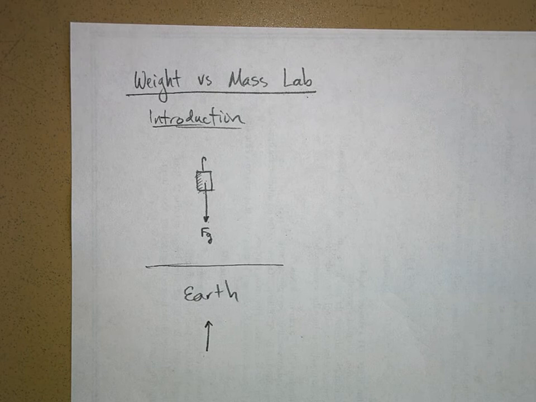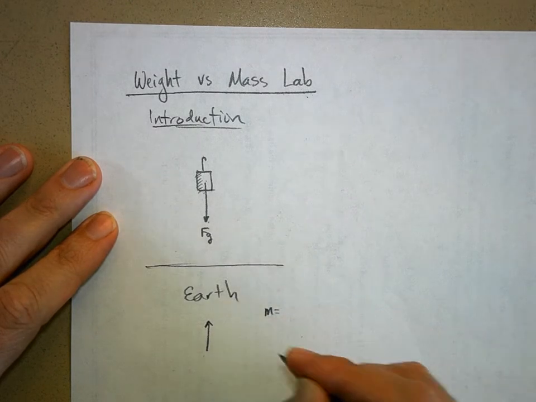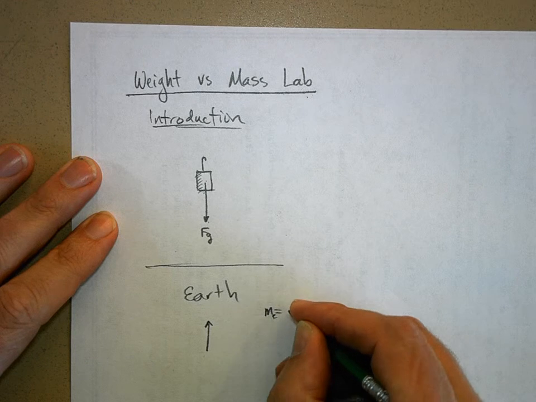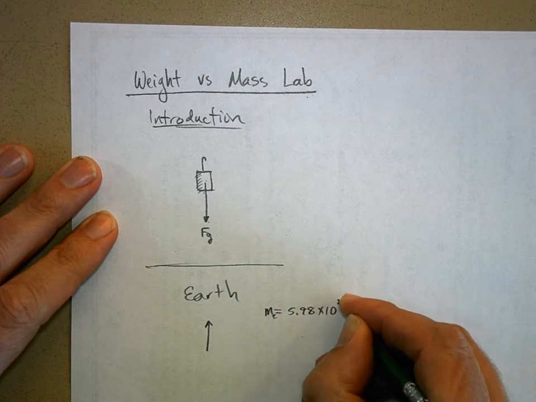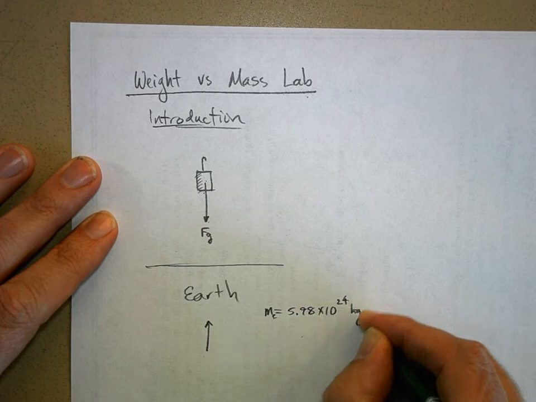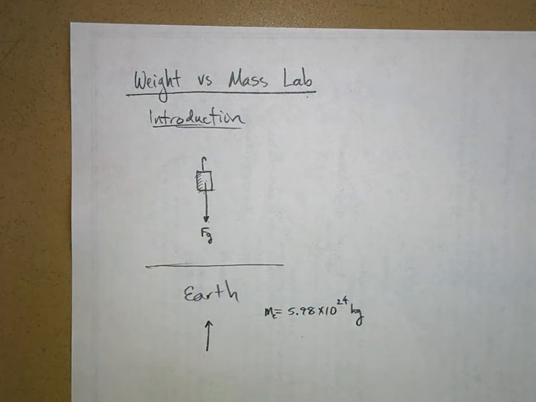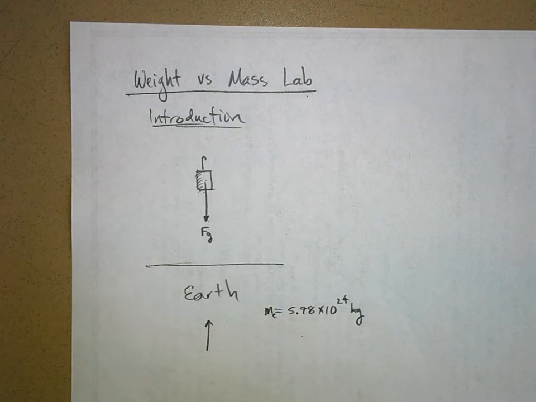Because the earth is huge. The earth is so big. I can tell you how big the earth is. You don't really even need to write this down, but it has a mass of 5.98 times 10 to the 24 kilograms. Now 5.98, that's pretty close to 6. Now 10 to the 24, well, what is 10 to the 12? 10 to the 12 is a trillion.